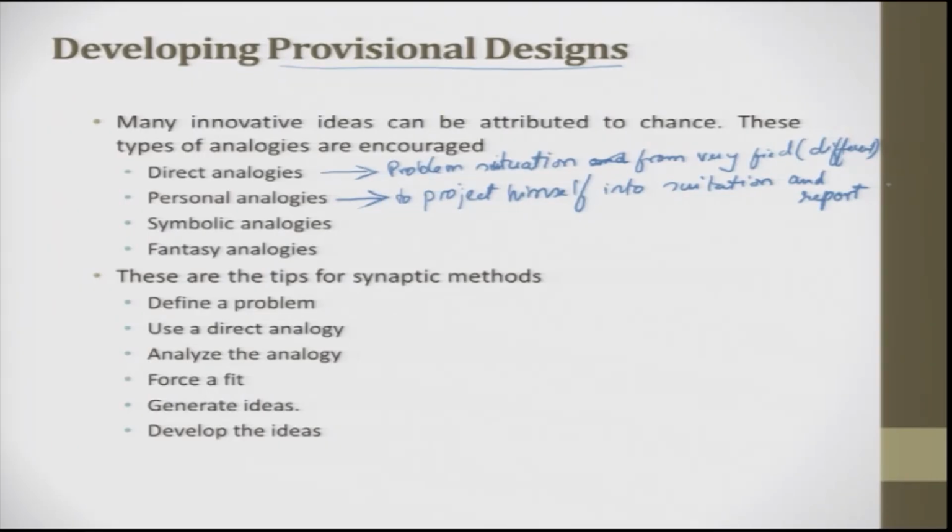You report the experience of that particular situation back into your analogy. Say for example, I touched some item which is very soft. So, here what did you do? You project yourself, himself or herself, into a situation and then report the feelings like seeing, hearing, etcetera.